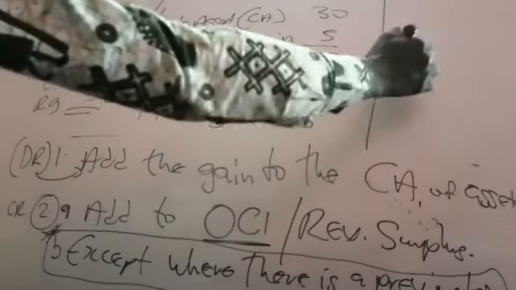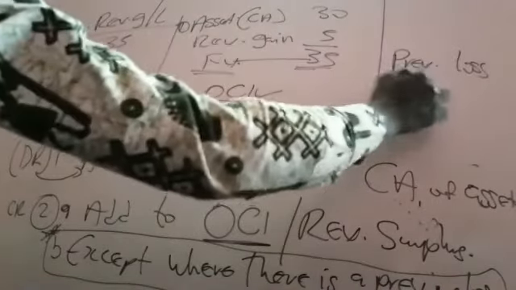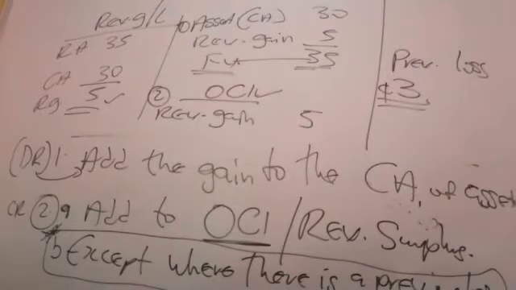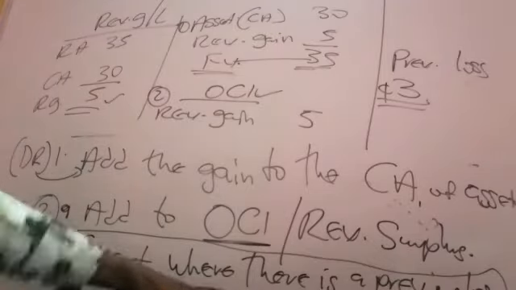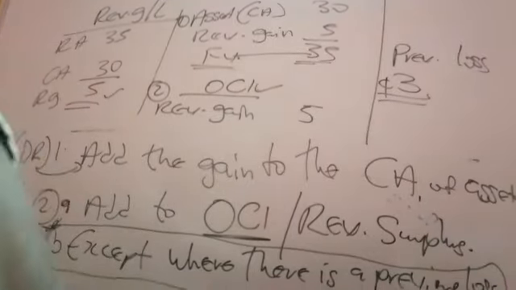So there's a previous loss of 3 cedis. How do you treat it? There's a section here, except previous loss. So all you have to do is this.